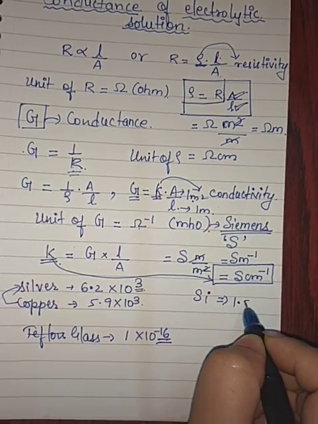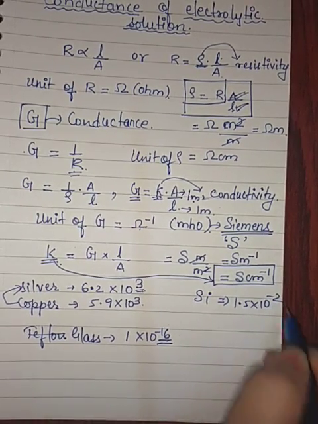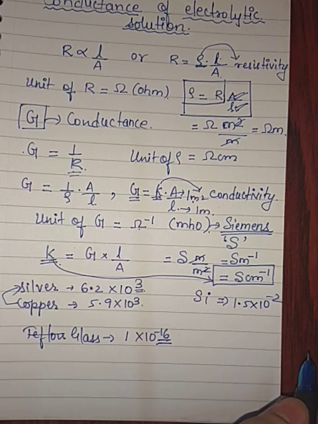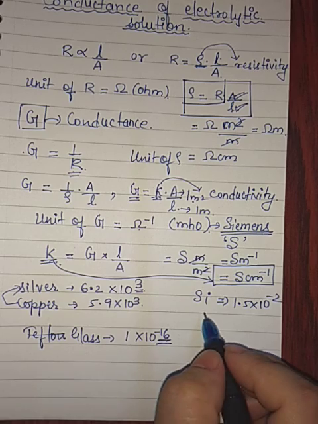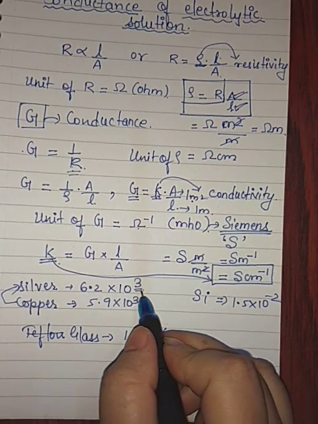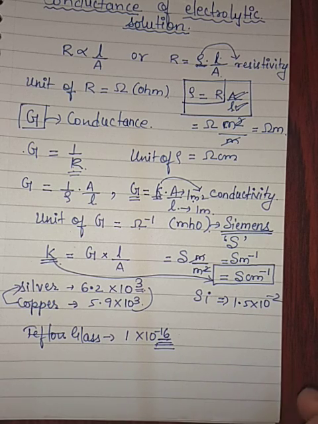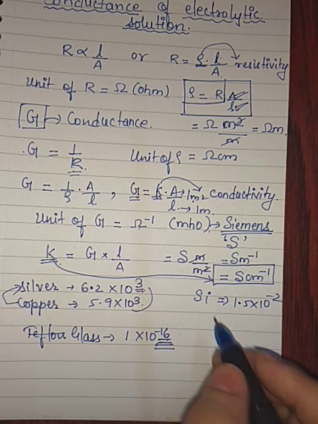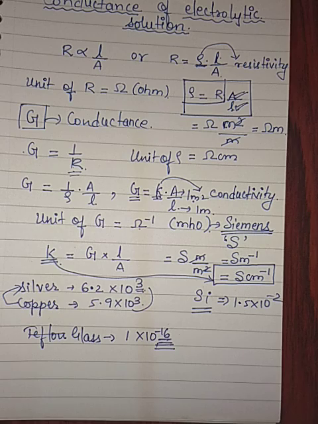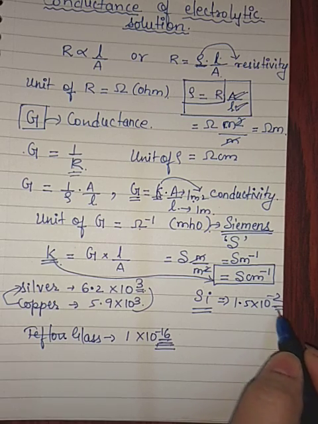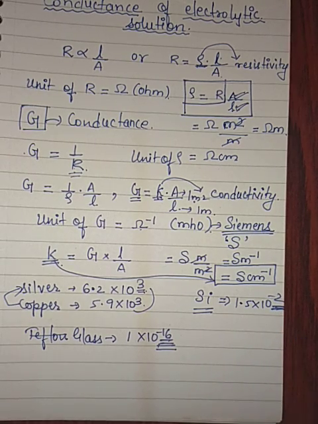The value is 1.5 into 10 raised to minus 2. Okay, so this is the value of conductivity. So high for metals, extremely low for non-metals, that is why they are insulators. And in between for metalloids, this can be increased by doping it with some other impurities.